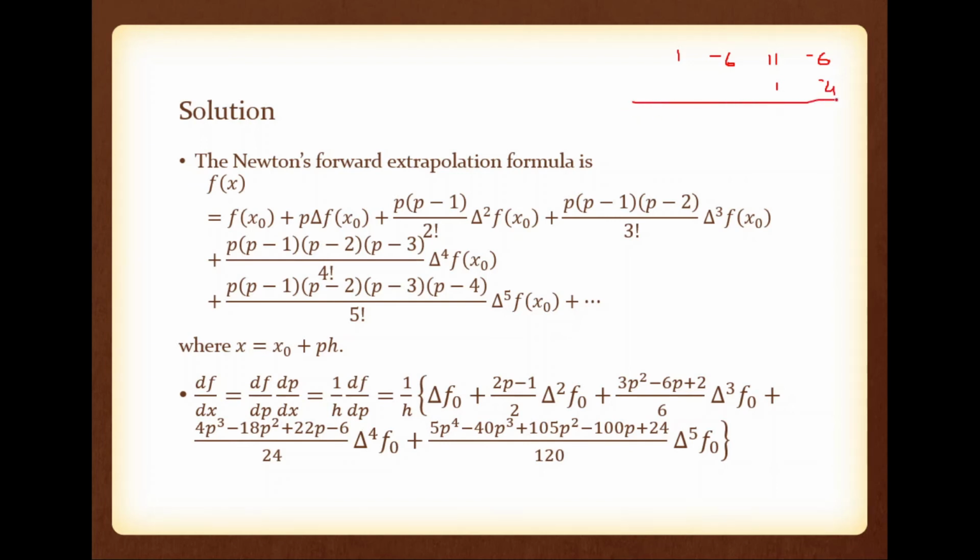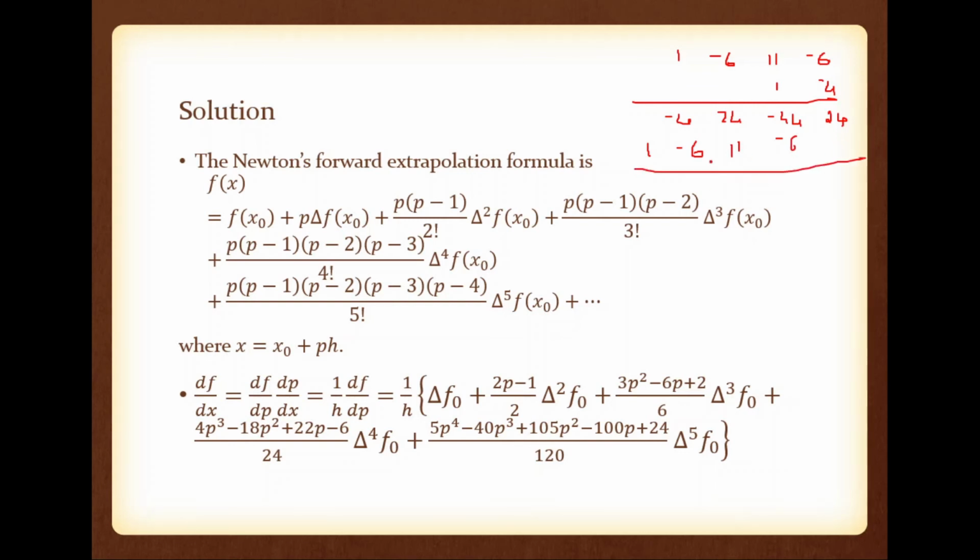So if you are multiplying with minus 4, we have minus 4, 24, minus 44, 24. Okay. Multiplying with 1, we have 1 minus 6, 11, minus 6.